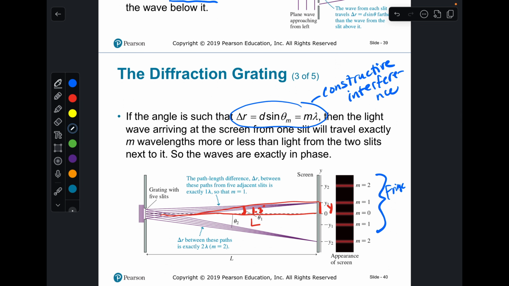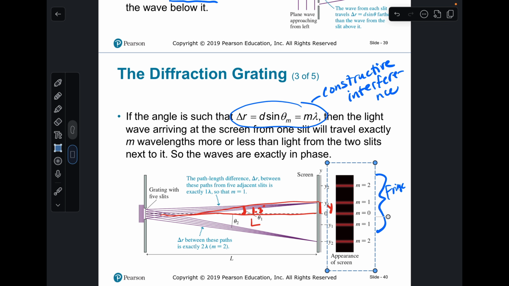Our constructive interference condition is exactly the same. Our geometry of the problem is exactly the same. But qualitatively, what you notice is different about the multi-slit or the diffraction grating is that our bright fringes have become narrower.